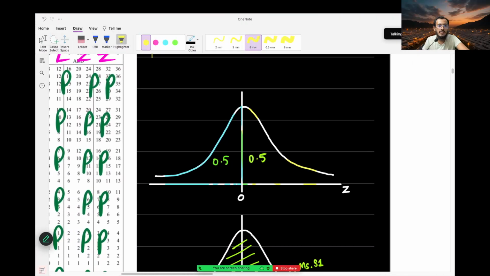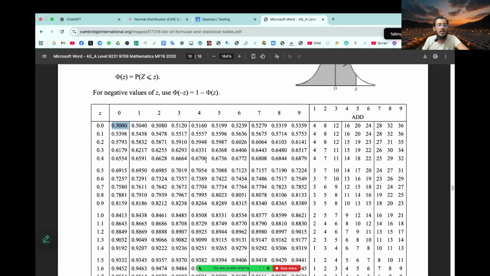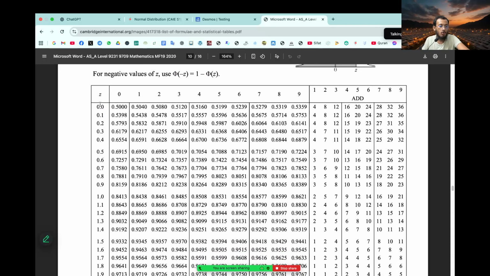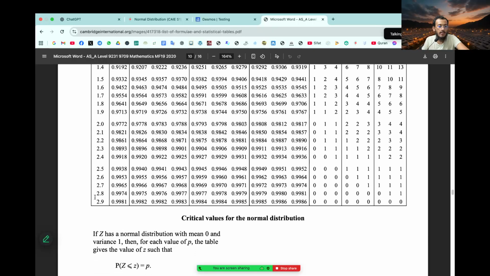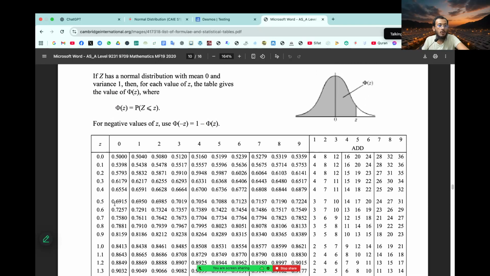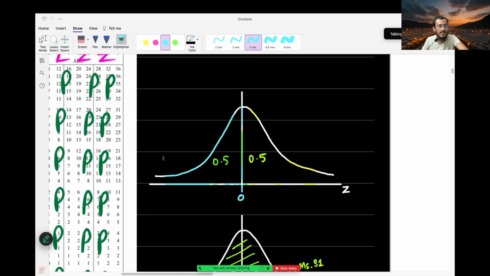This table is only defined for positive values of Z. Z starts from 0.0 and moves on 0.1, 0.2 and up until 2.9. We don't have negative values for Z in this table.